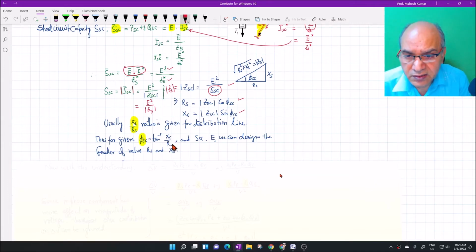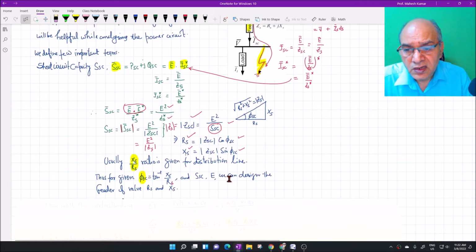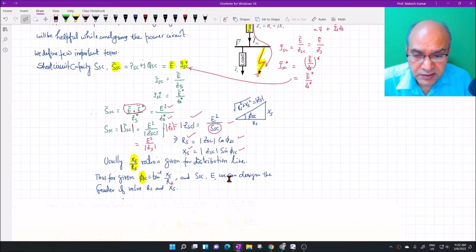This is RS here. And once I know phi SC and ZSC from this expression, then we can find out the feeder resistance and feeder reactance. And once we know these values, then we can solve for the previous equations, either for voltage regulation or for power factor correction.